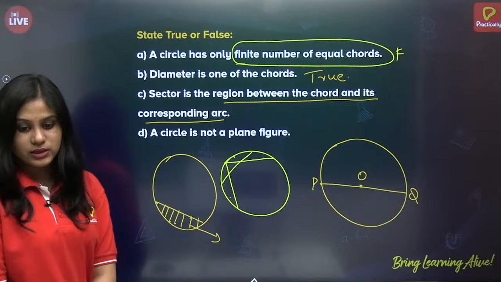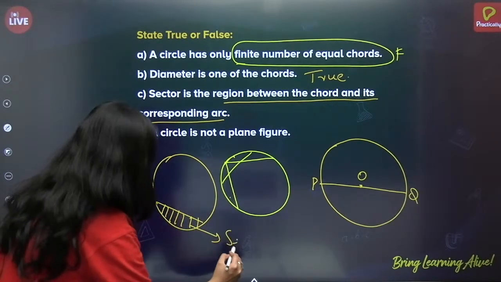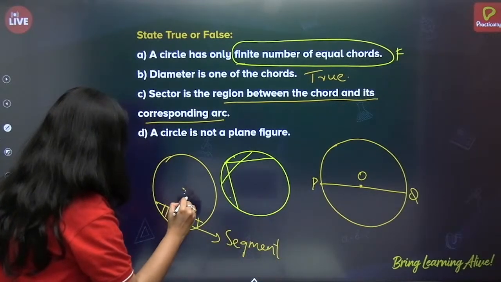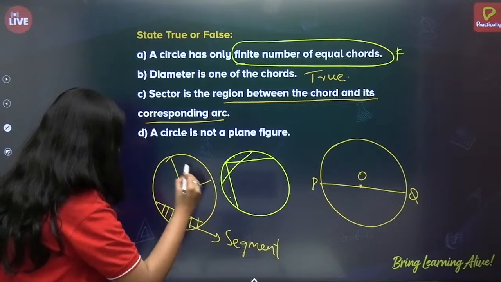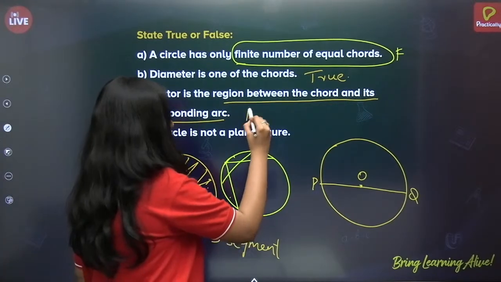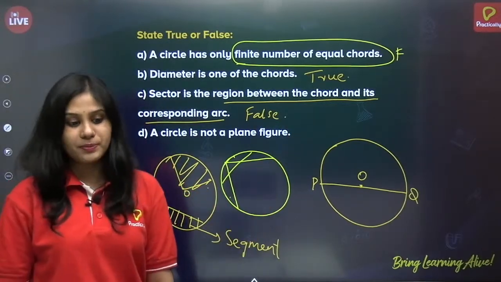Alright, this is known as segment, correct? It is not sector. Sector is between two radii and an arc. This is sector. So this statement is wrong. It is false.